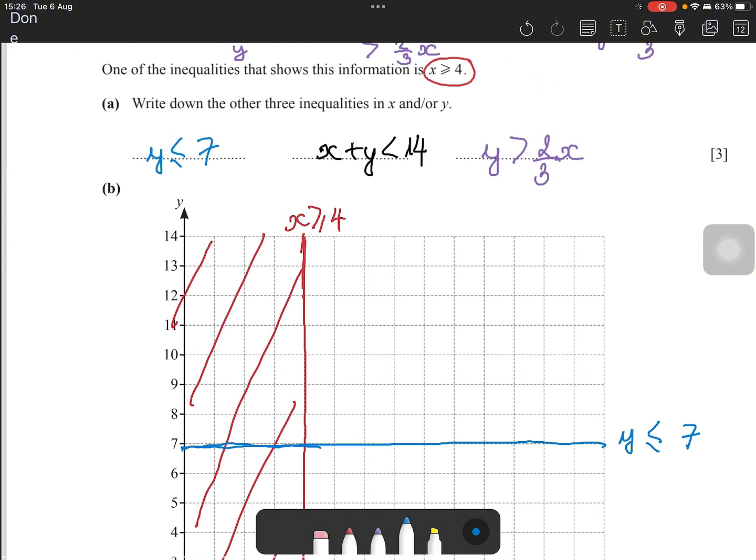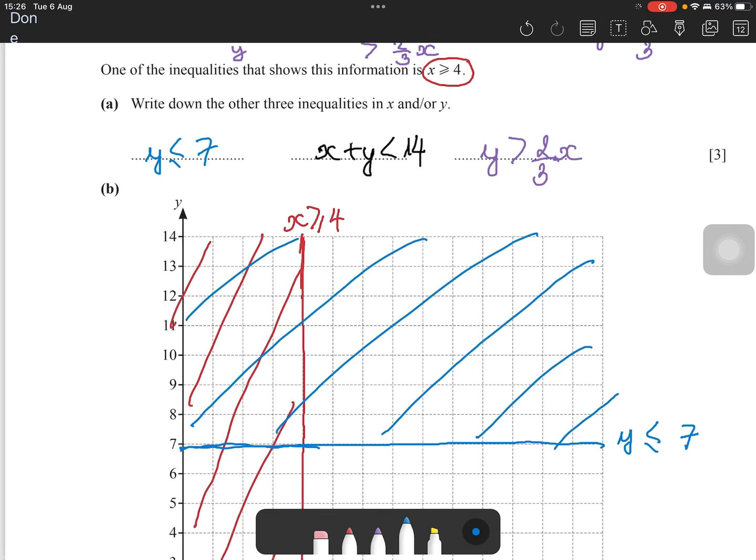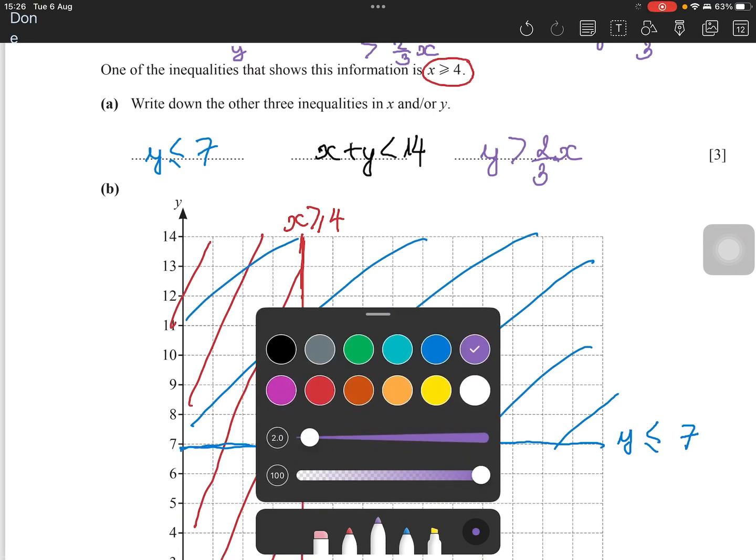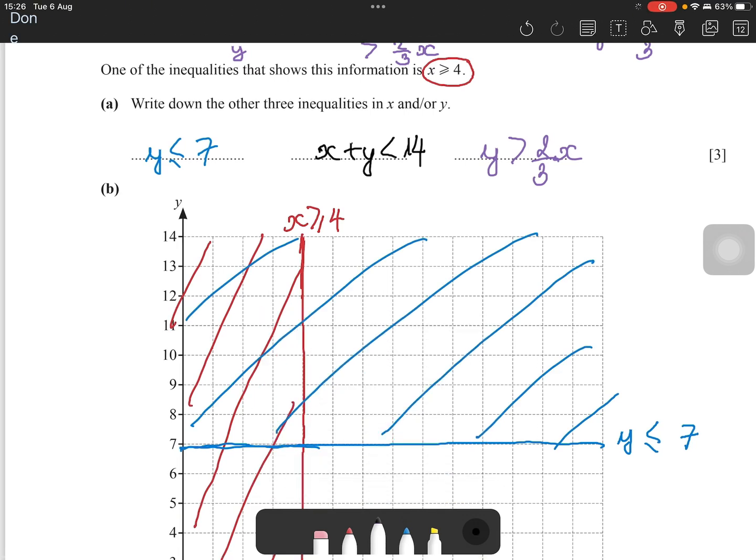Next, X plus Y is less than 14. To draw this, we can draw a table of values. We'll draw the line X plus Y equals 14 first. When X is 0, Y is 14. And when Y is 0, X is 14.